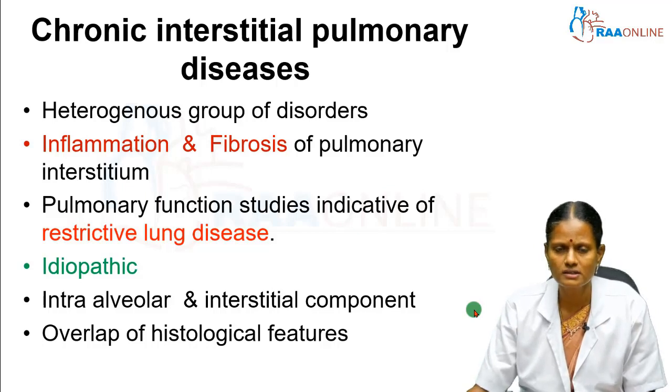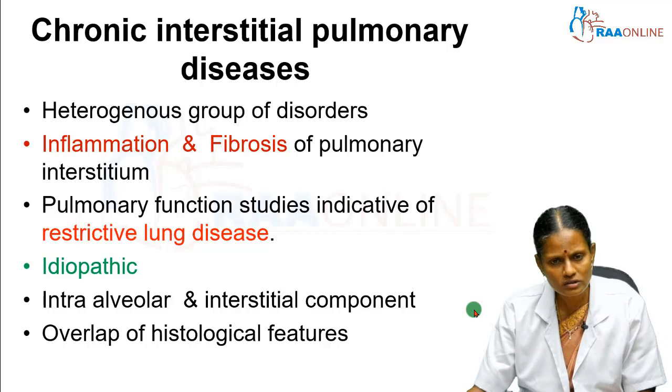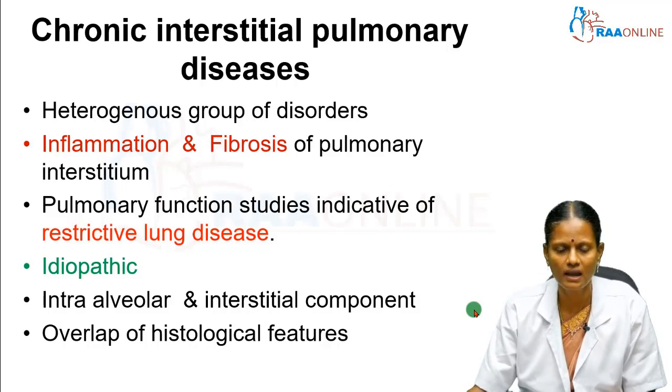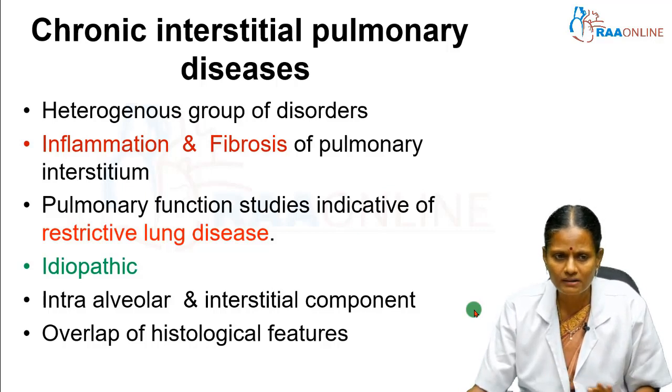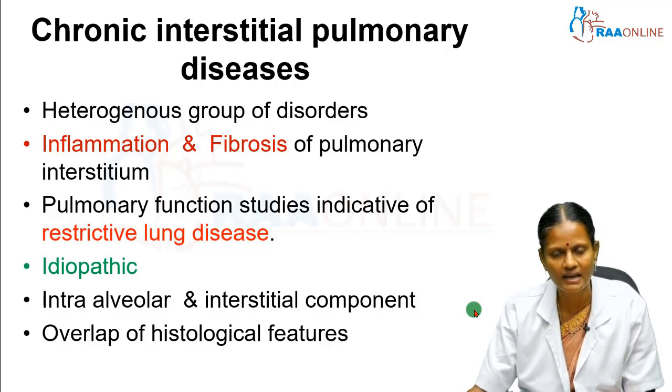Most of the causes of diseases of the interstitium of the lung are idiopathic. It is mostly an interstitial component, but rarely it can also have an intra-alveolar component. There is a spectrum of disorders and an overlap of various histological features in the interstitial lung diseases.